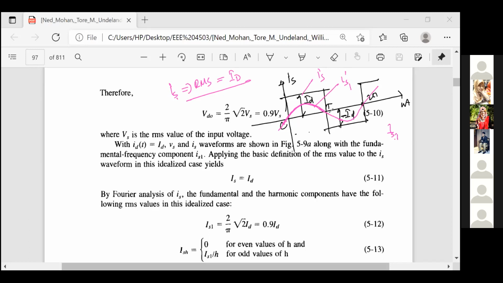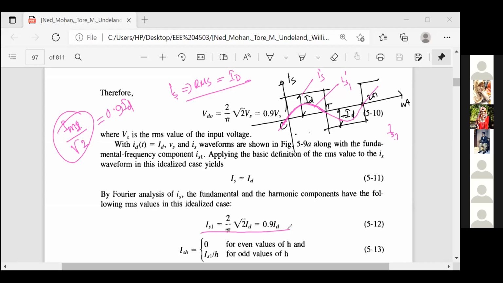If you do the Fourier series analysis, you can find IM1, the peak value of the fundamental frequency component, then if you divide by √2, you will get it, and it will come as 0.9 ID.